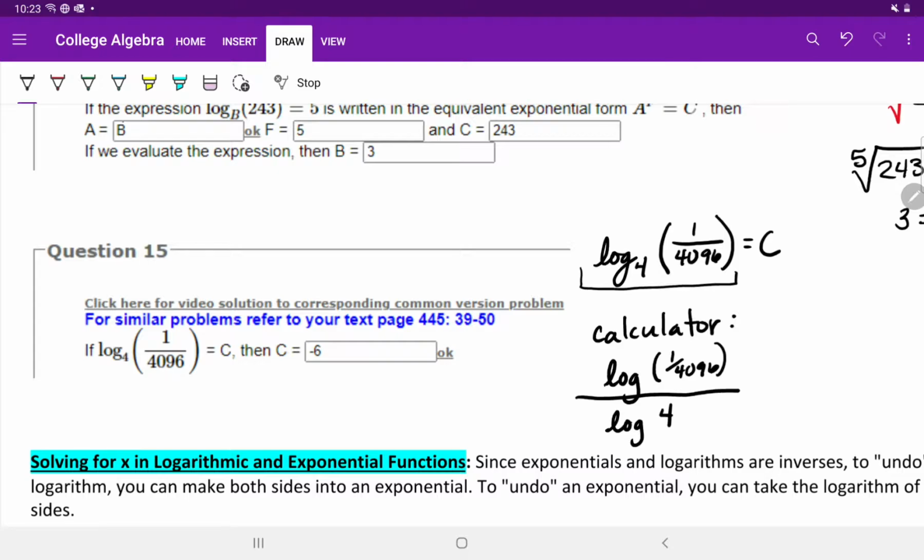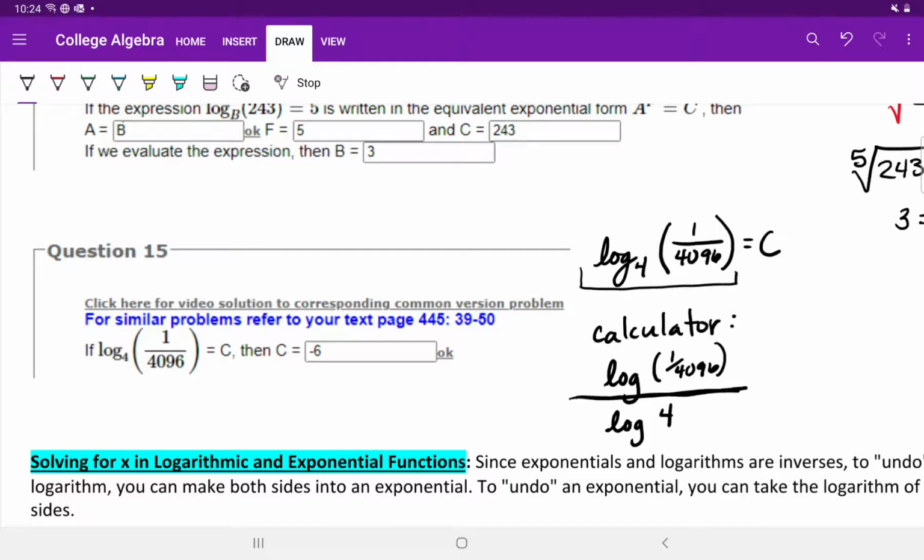And it's tricky too because you have to remember your parentheses. You've got to make sure that you're dividing by the base. So the log of 4, which is the base, goes on the bottom of the fraction. So it's log of 1 divided by 4096 over log of 4. So we're going to have fractions inside of fractions here.